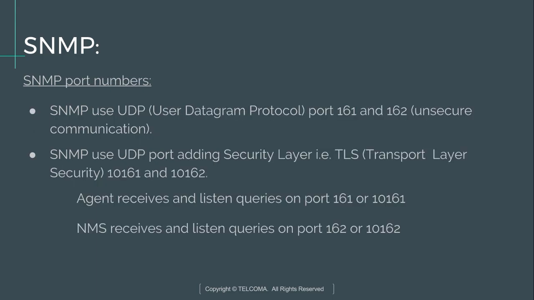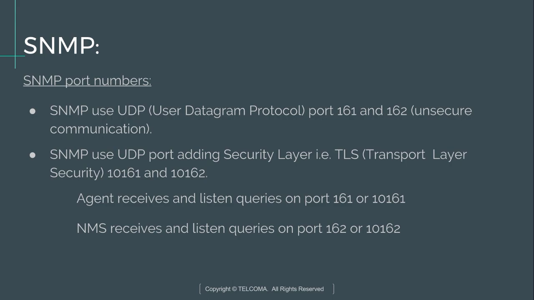The next is the SNMP port number. SNMP devices use UDP, user datagram protocol, ports like 161 and 162 for unsecure communication. But in SNMP version 3, we add security. It uses UDP ports with an added security layer, that is TLS, transport layer security.